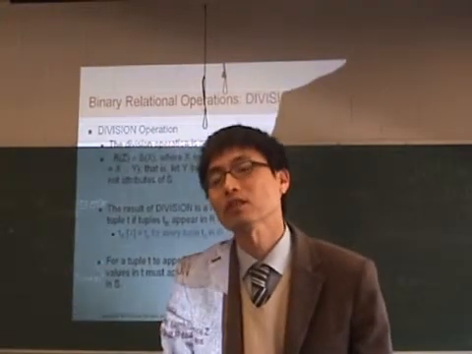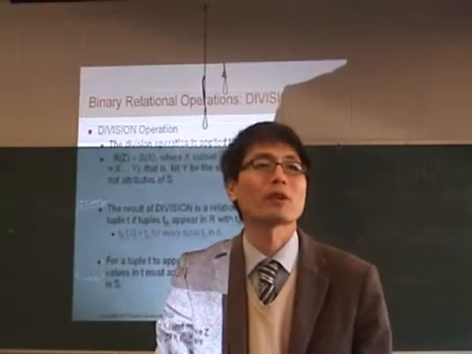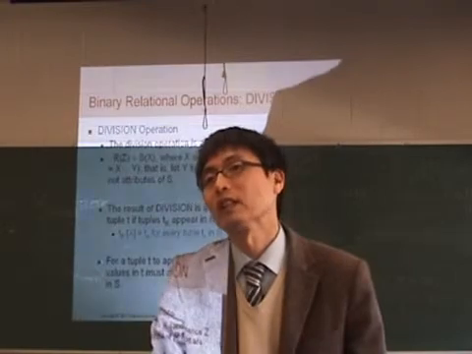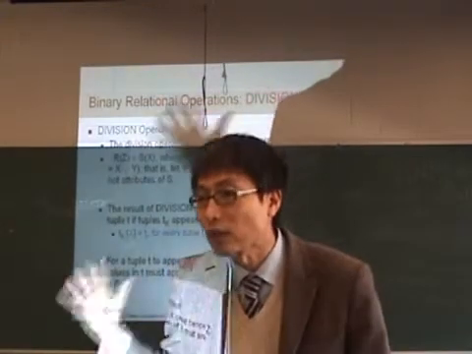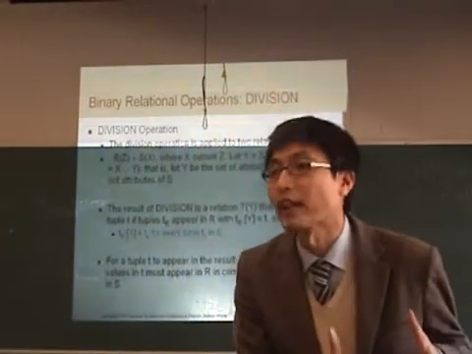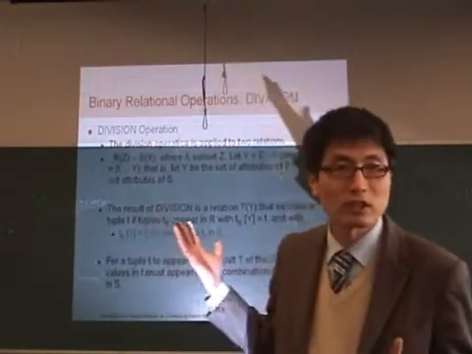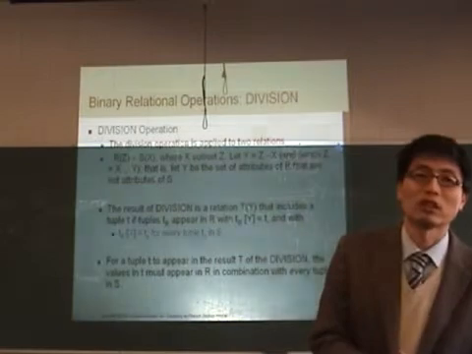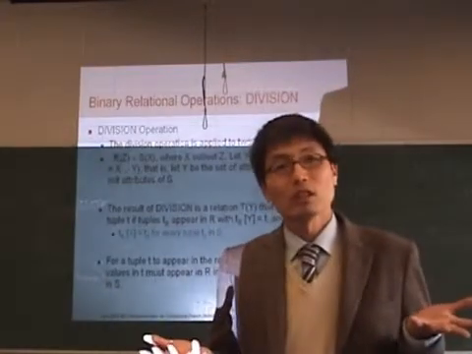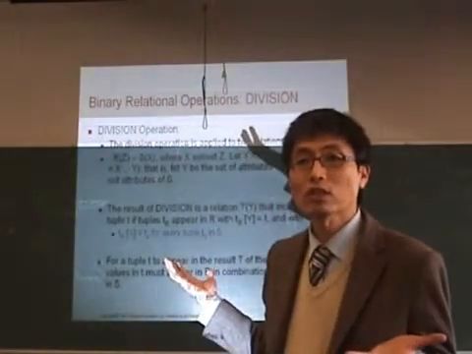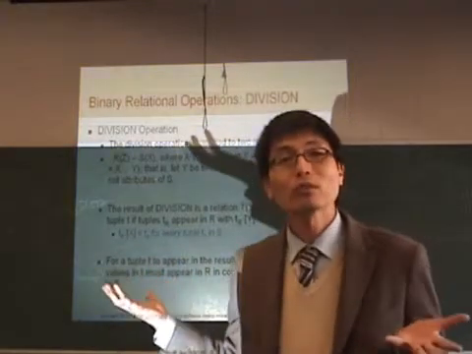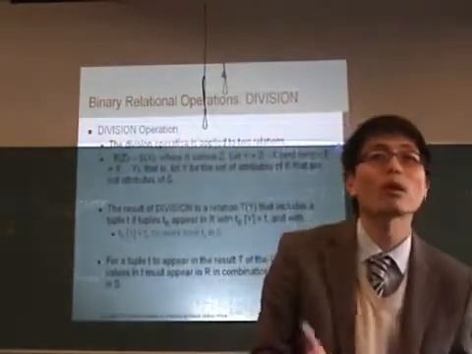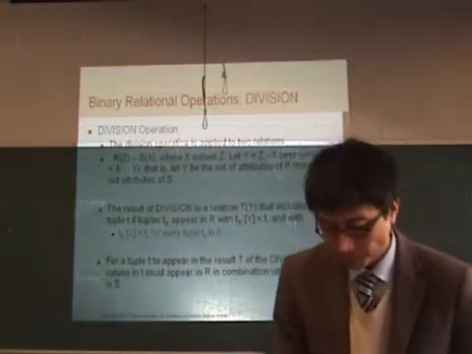Division is a very expensive operation, so most commercialized software didn't include division in their database. I have never seen a DBMS that has the division functionality. Then in case we need such an operation, how can we do that? You can use a combination of the other operations.